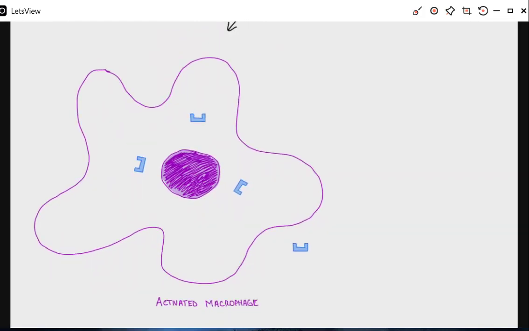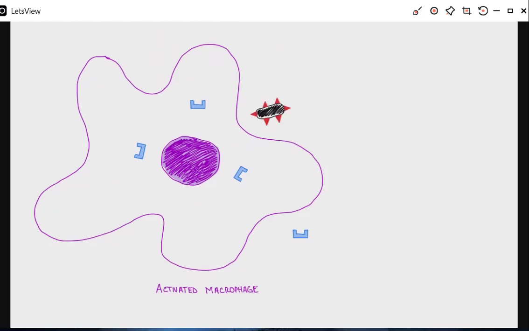So macrophages tend to have cytoplasm that looks a little bit more like an amoeba or a sea star rather than a sphere. So the activated macrophage phagocytoses this bacterium, and the red triangle is the antigen on the surface. So I'm going to go ahead and do a quick drawing to show you how this activated macrophage phagocytoses and then takes the antigens and displays them on the MHC II.